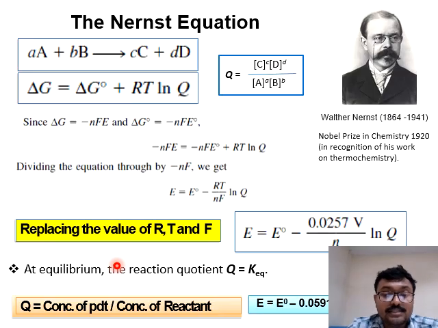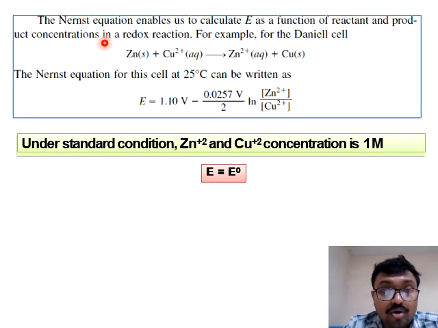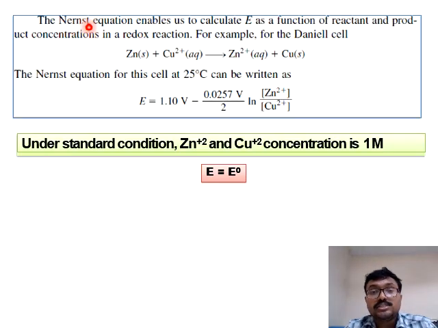Now, if we apply some condition like 25 degrees Celsius, then you can note the R value, T will be 298 Kelvin, and n is 1. F value we know is 96,500. If we put in all the values, we get the Nernst equation as E equal to E0 minus 0.059 by n log Q. The Nernst equation enables us to calculate E as a function of reactant and product concentration in a redox reaction.